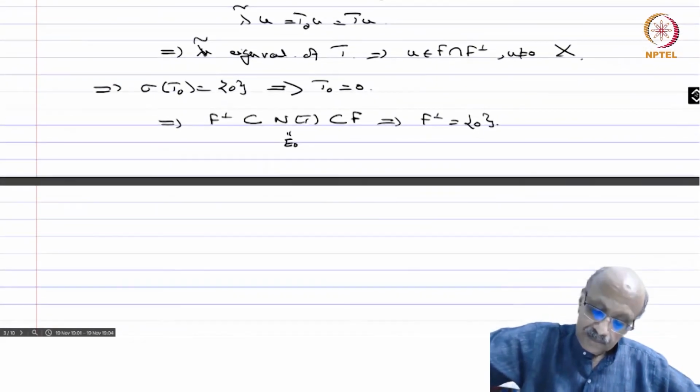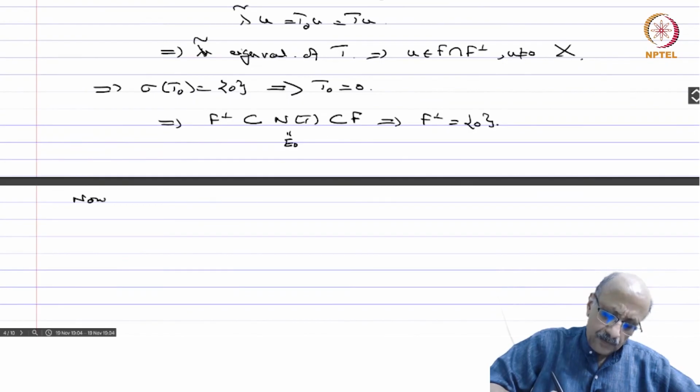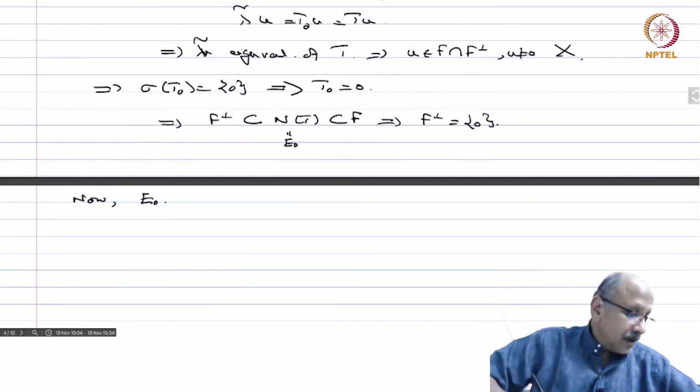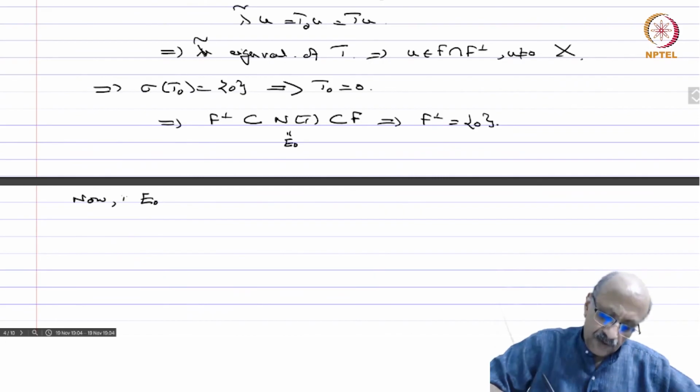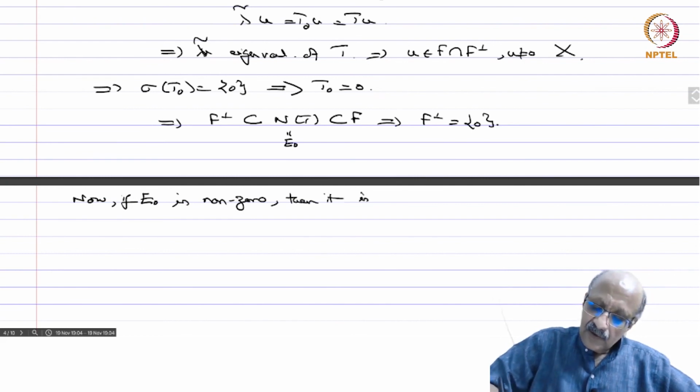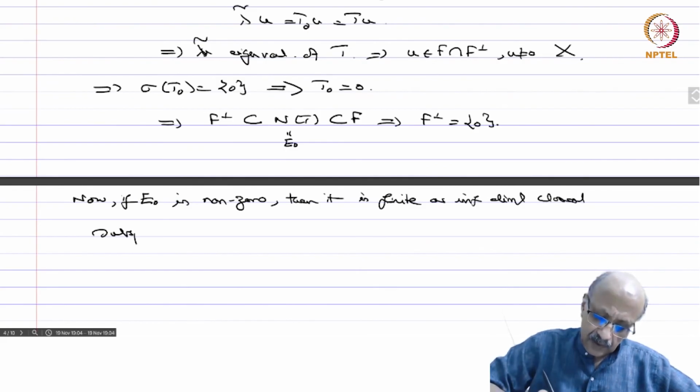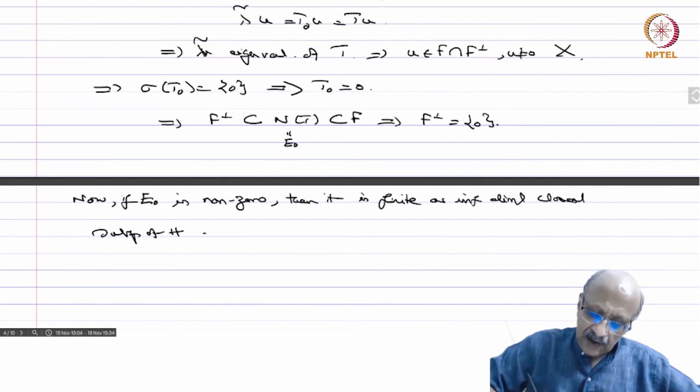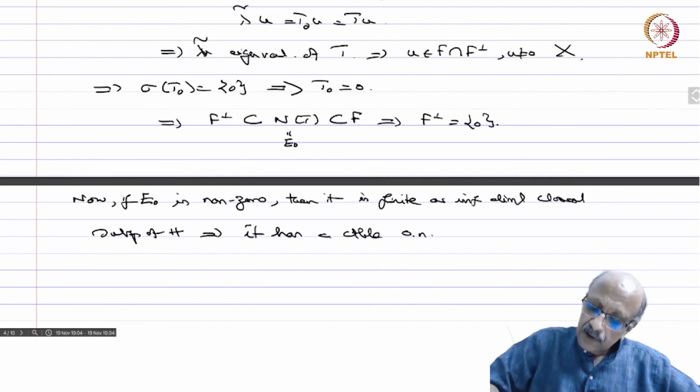Okay, so now E_0, if E_0 is non-zero, then it is a finite or infinite dimensional closed subspace of H, and therefore it has a countable orthonormal basis.